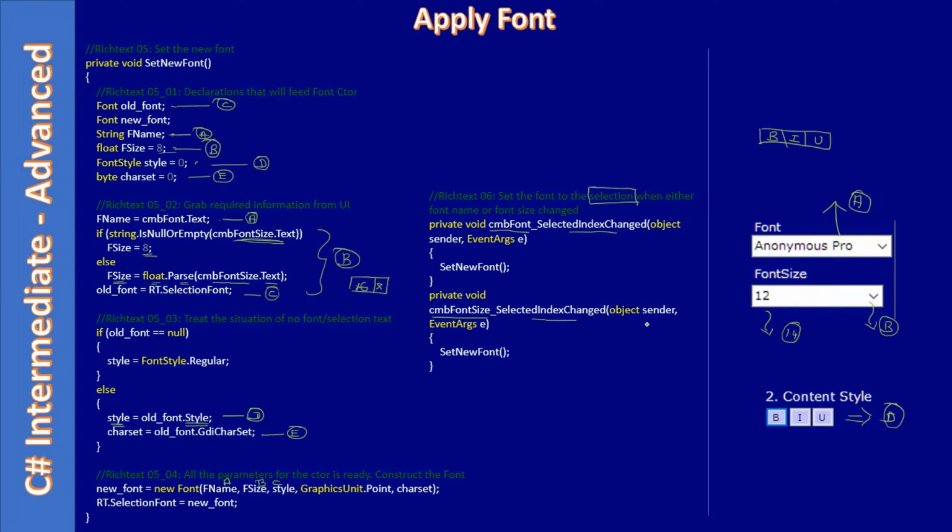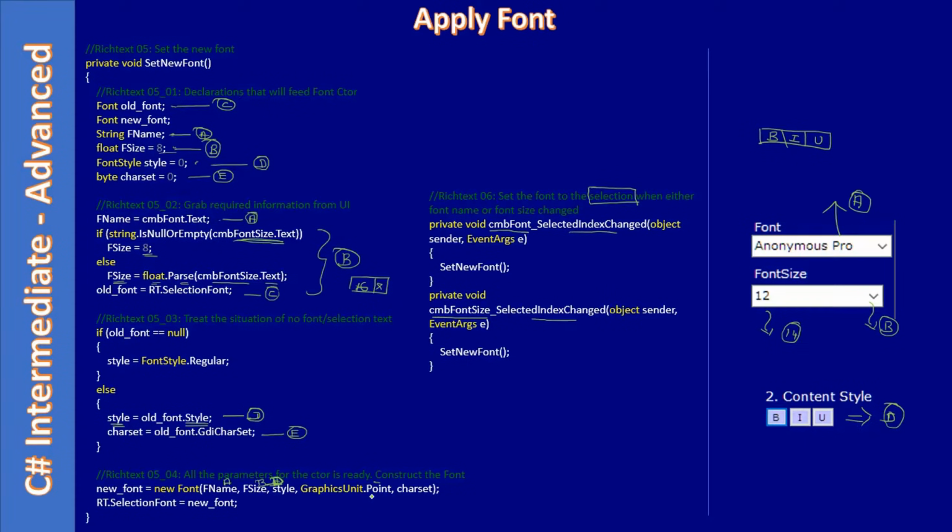So if this portion of text is selected, when we are constructing the new font style, we preserve whatever style is there in the selected text. If the selected text is in a red color, bold and italic, then we supply that same style here. So the new font will preserve the style of the selected text. So we should say D here. Next, graphic unit dot point.